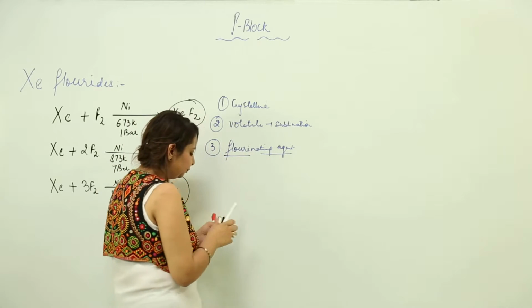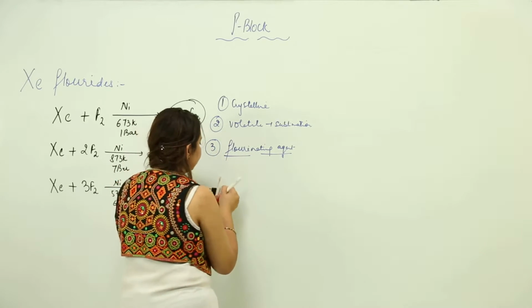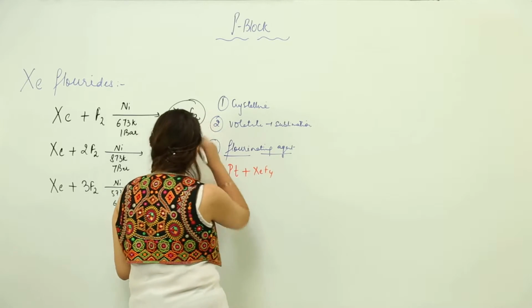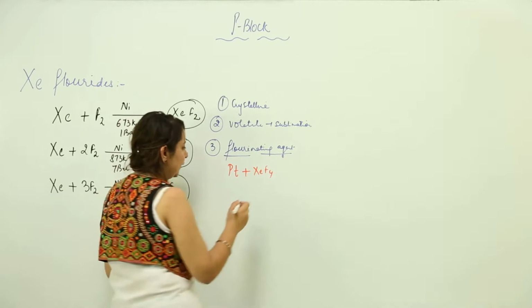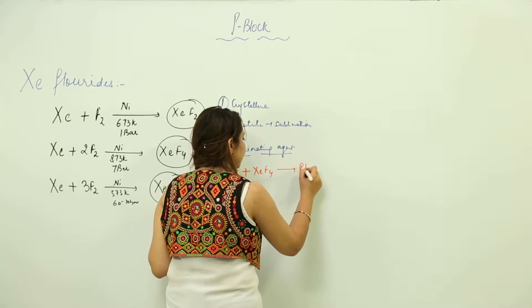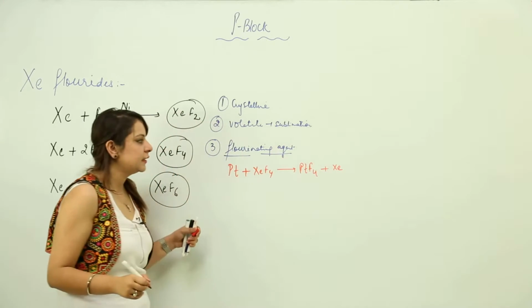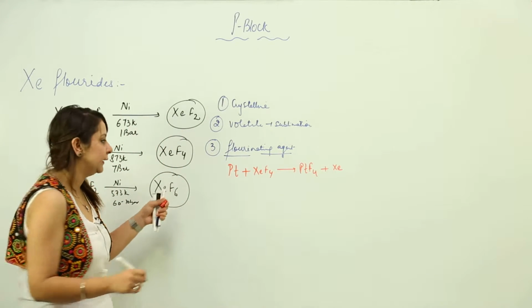For example, if I react platinum with XeF4, actually all three of these are fluorinating agents, we get platinum fluoride and xenon gets separated. This is proof that it can give its fluorine.